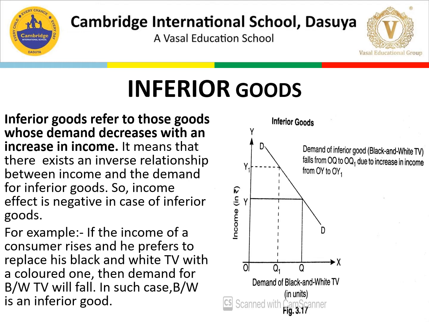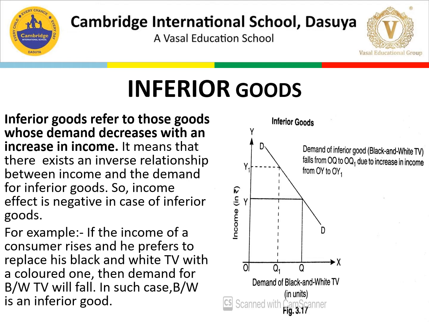So in this case again, the demand curve will be... this income is OY and it has increased to Y1. Now because of the change in income, we will have a fall in demand for black and white TV. So we will have less demand for black and white TV. So in this case, what happens?